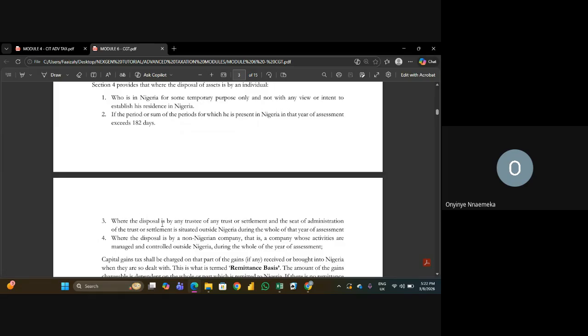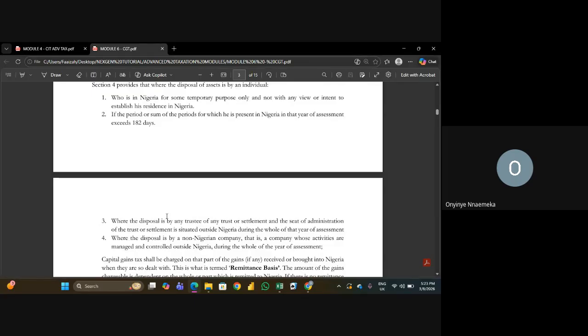Where the disposal is by any trustee of any trust or settlement, and the seat of administration of the trust or settlement is situated outside Nigeria during the whole year. Where the disposal is by a non-Nigerian company whose activities are managed in the year of assessment. Okay, let me first explain before we move on.